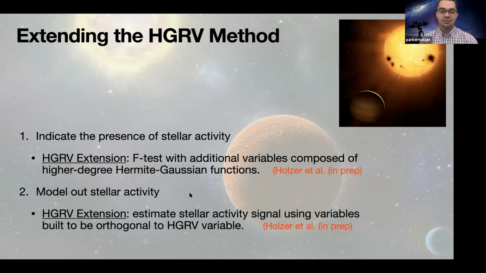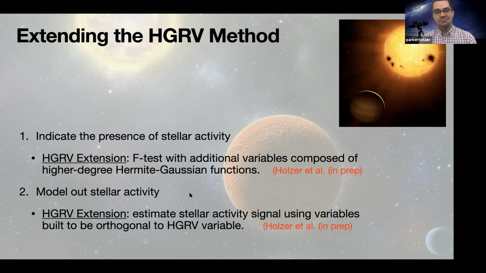One possible way that we've been trying out, which definitely still needs some details worked out, is that we can introduce a new variable into the regression that's orthogonal to this Doppler variable, and thereby would not be affected by a true Doppler shift. And so we can conclude that the only thing that would influence that one variable would be stellar activity, and that might help us model it out.